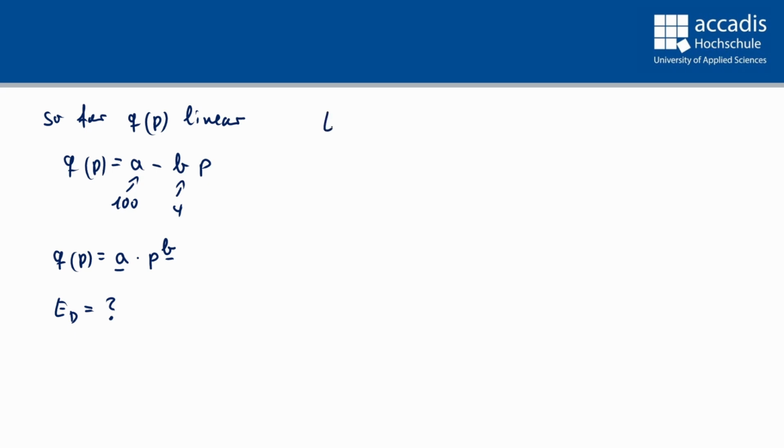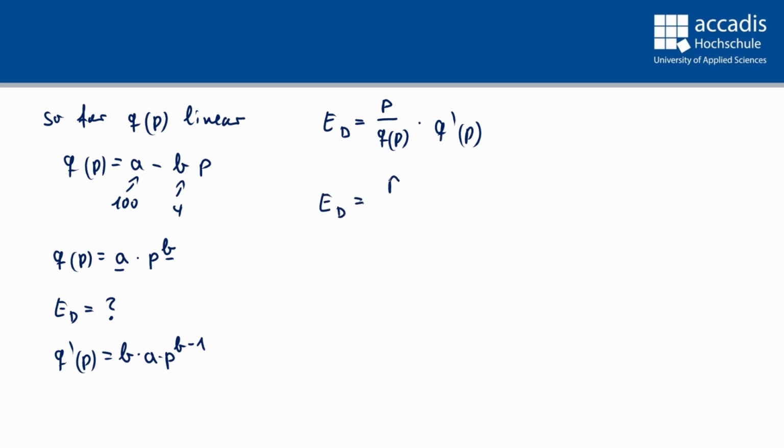And as you remember, you get the elasticity of demand by taking P over Q of P, over the function, times the derivative, the Ableitung of that function. So the derivative here of our function A times P to the power of B is simply B times A times P to the power of B minus 1. So let's calculate that.